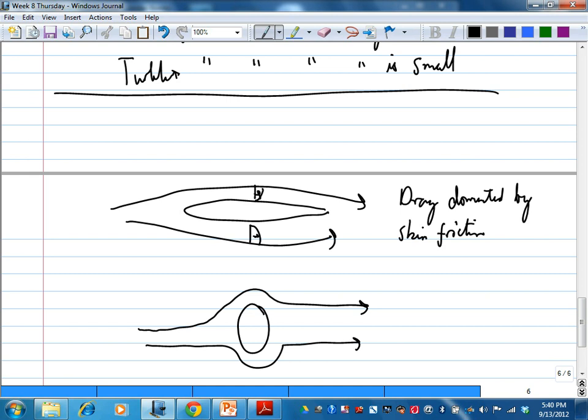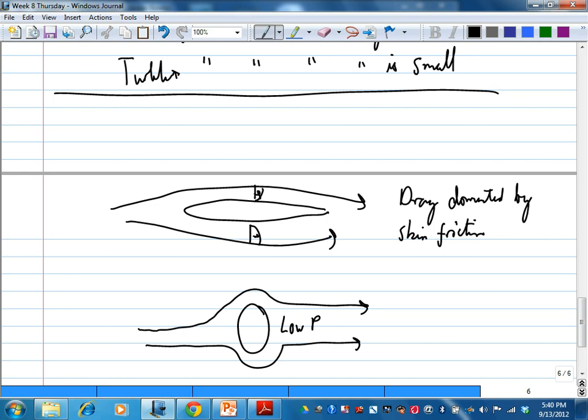So at some point, the flow will separate. The separation mechanism I'll talk about next, why it separates. But basically, it separates, and when it separates, what you have at the back is a very low pressure. The flow is coming along and is forced to get out of the way, so it generates a very high pressure in front to push the flow out of the way.